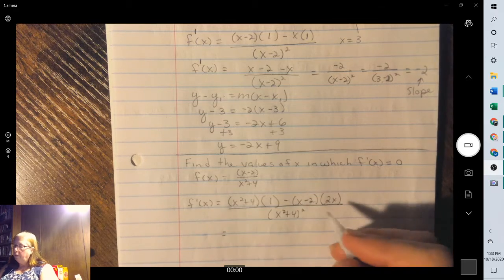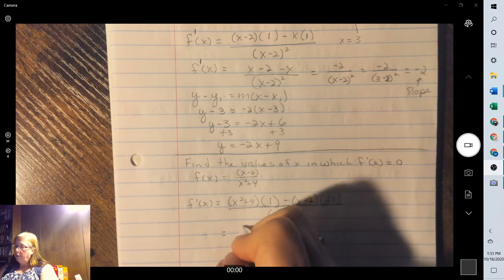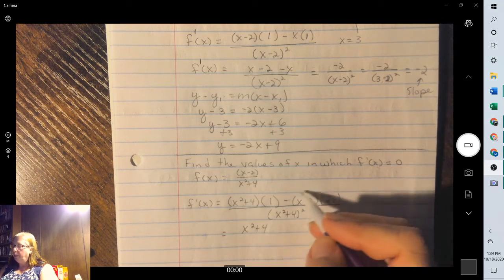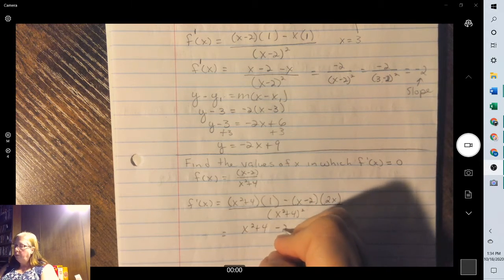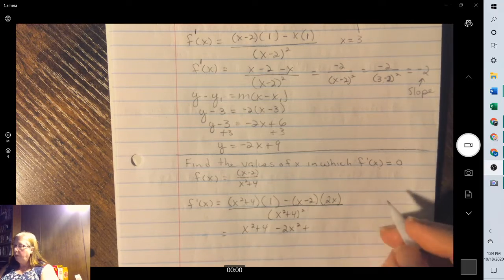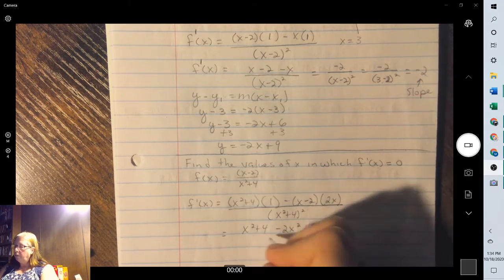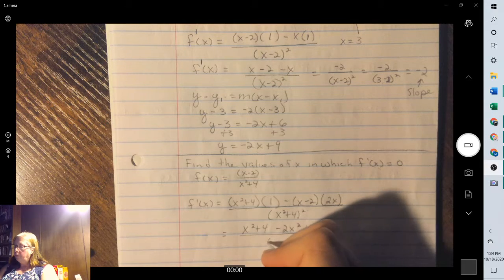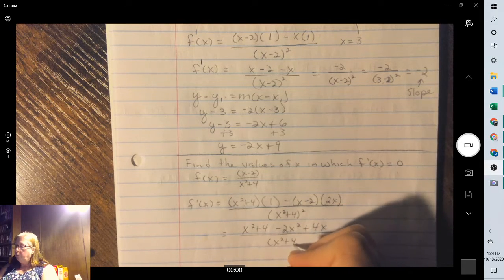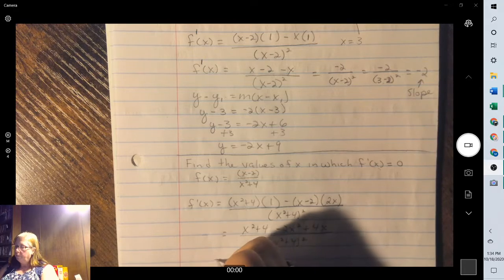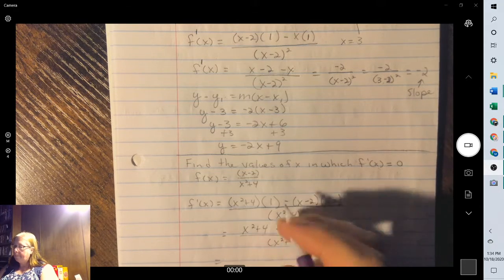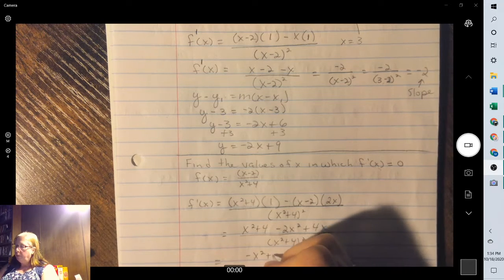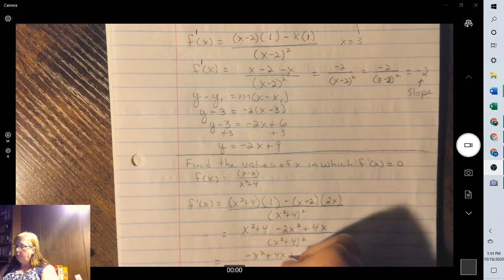Simplifying it, distributing the 1, we have x squared plus 4. Here we're distributing a negative 2x. We have negative 2x squared, all over x squared plus 4 squared. So we have a negative x squared plus 4.